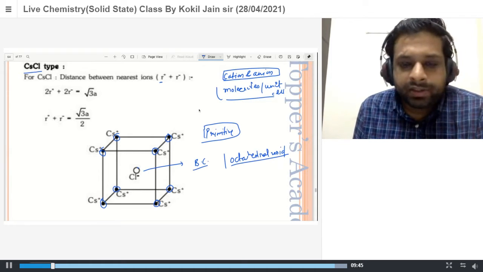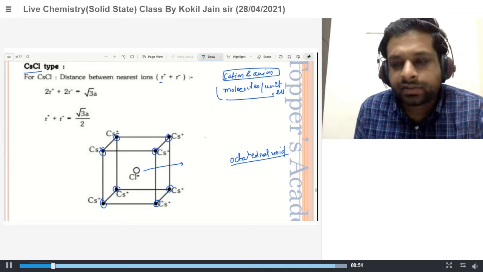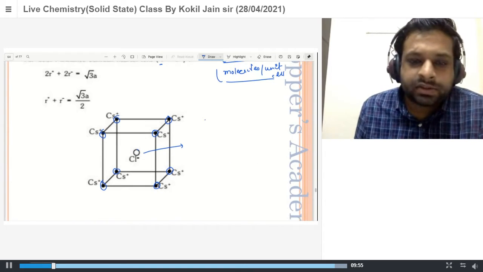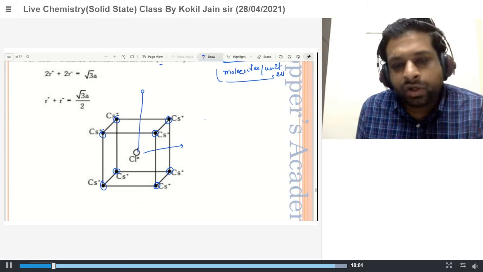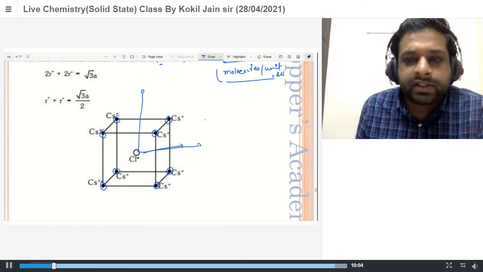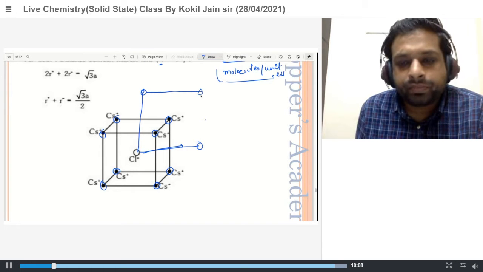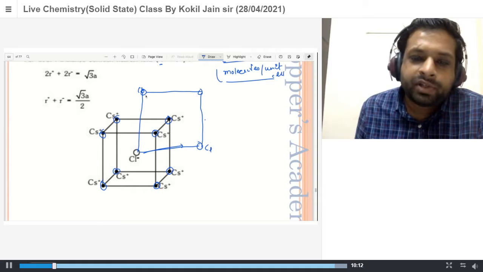Now, one more thing I want you to understand here. If there were eight unit cells here, I can connect the chlorines like this also. You understand what I'm trying to say?